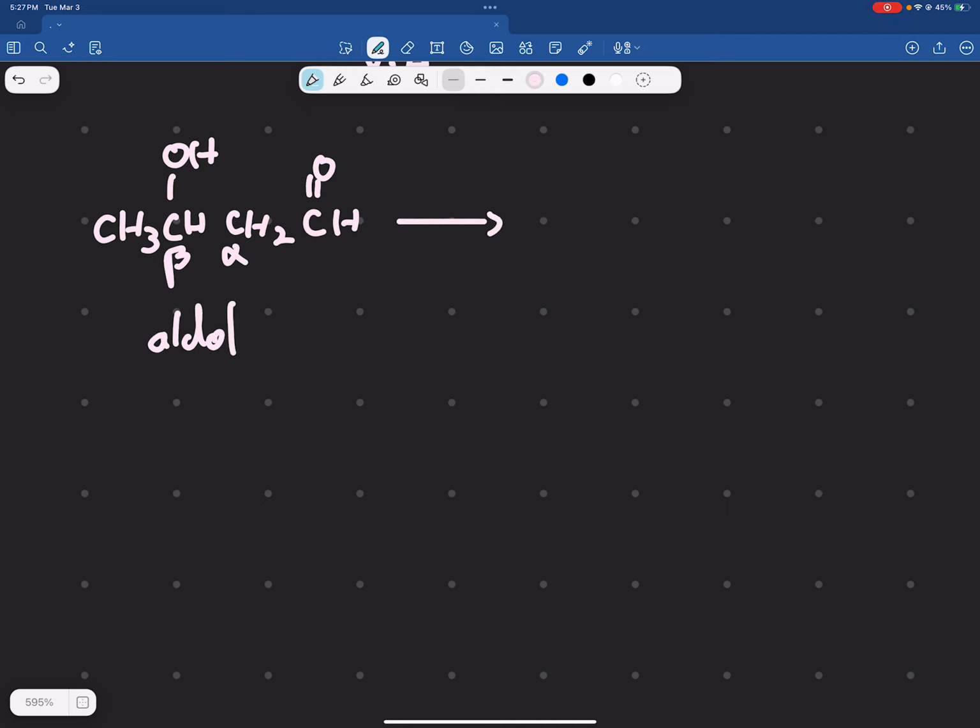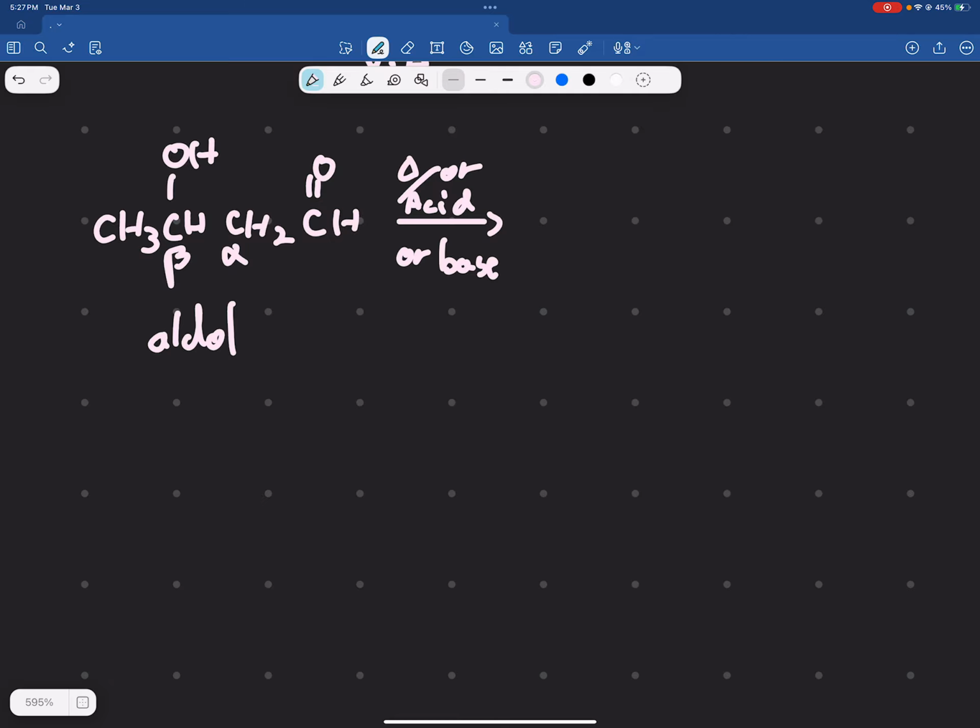So either in warm water or in acid or base, this will undergo dehydration, and it's going to give us an alpha beta unsaturated aldehyde or a ketone.